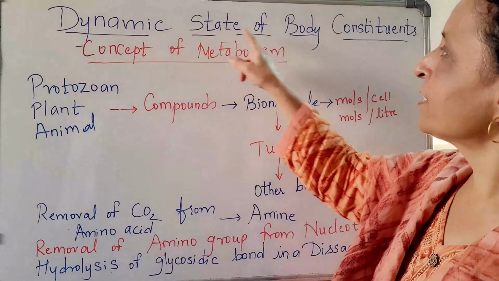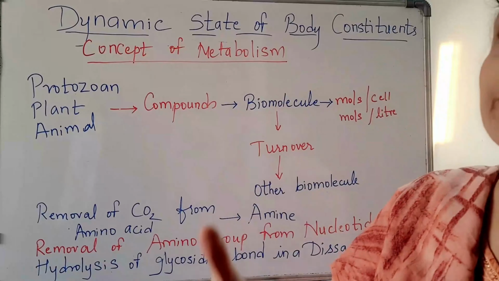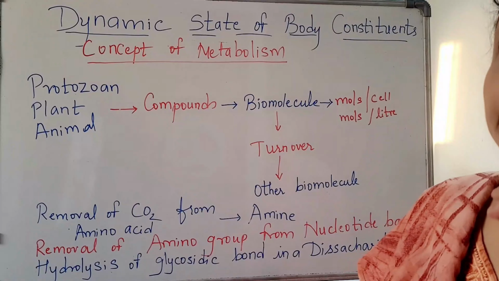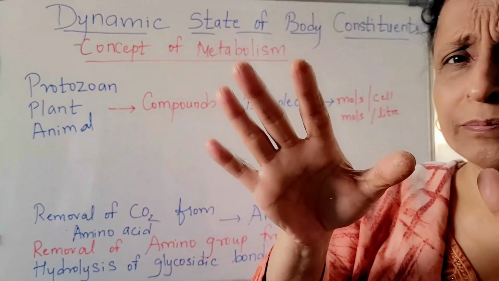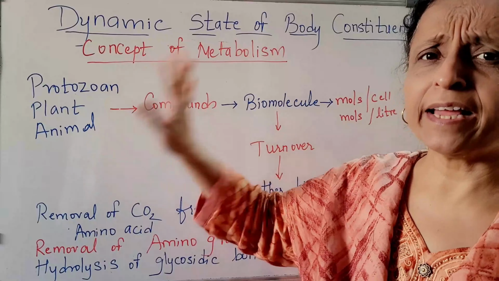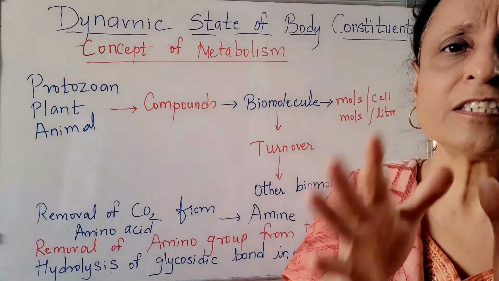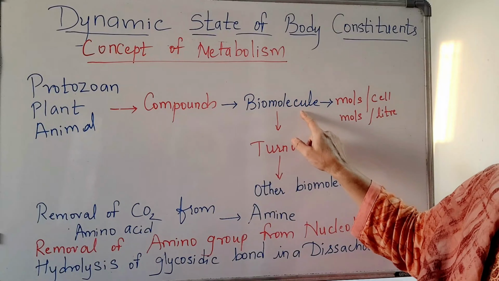Now the dynamic state of the body constituents. Dynamic means ever changing, never the same. The change takes place. Now let us see all the organisms, protozoan, plant, animal. They have certain compounds in them, which are biomolecules.